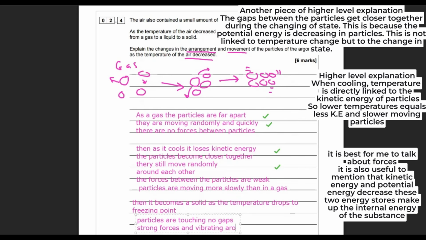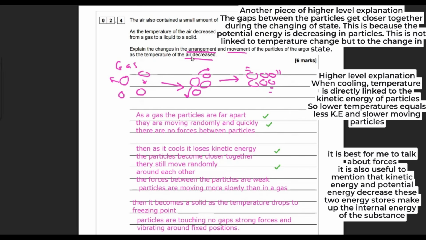Vibrating around fixed positions. They love that, eh? You're basically saying they're not moving, they're just vibrating. There's no gaps. The movements aren't random. I don't need to put that the movements aren't random or that they've slowed down because that's obvious. They're no longer moving, they're vibrating. A vibration is moving from side to side, backwards and forwards around the same point. So they should accept all of that.